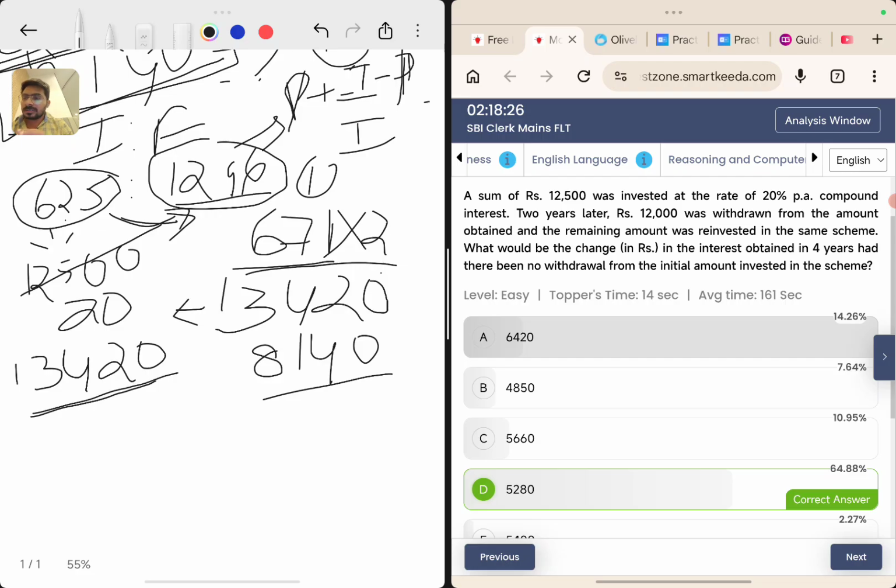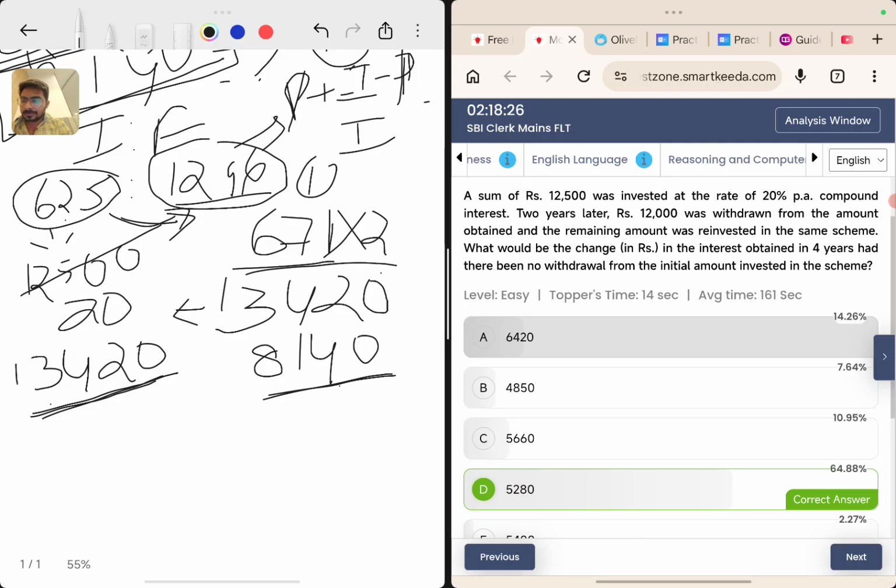So if we didn't withdraw any money till the end, this is the interest. If he withdrew after 2 years, this is the interest. The question is asking for the difference between the interest in the two conditions given. So 13,420 and 8,140.